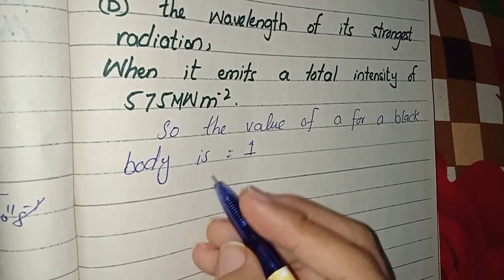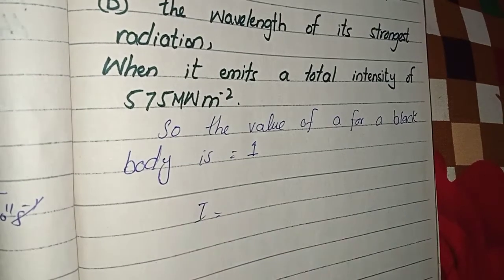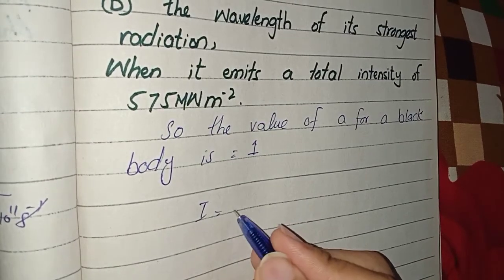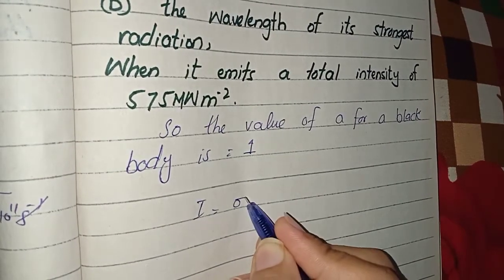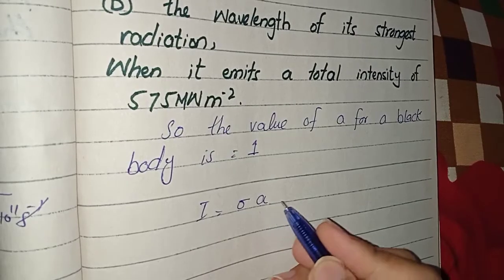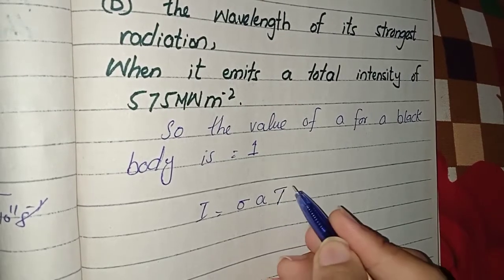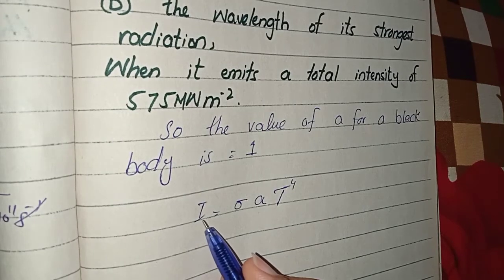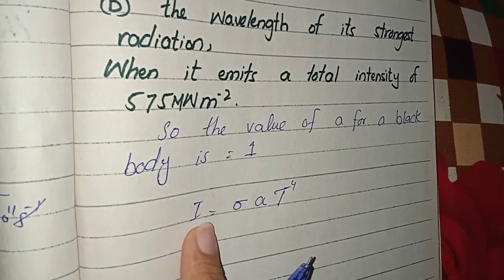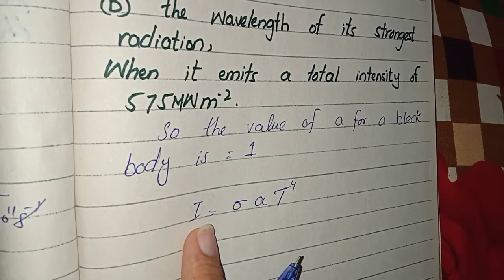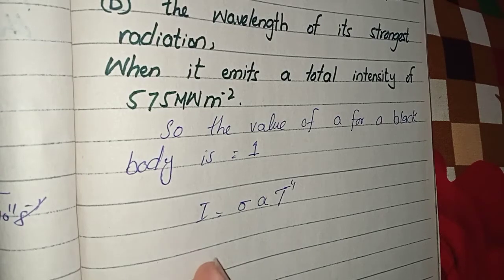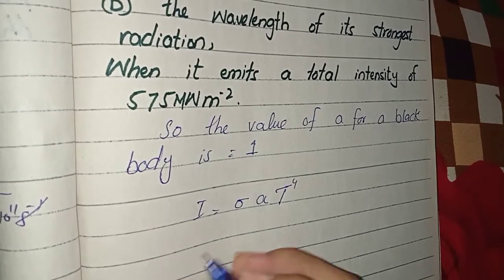The formula for intensity is equal to the Stefan-Boltzmann constant, times the value of A for a black body, which is equal to 1, times the temperature to the power 4. Intensity is given in the book with another symbol, but to avoid any confusion I use I for the intensity.